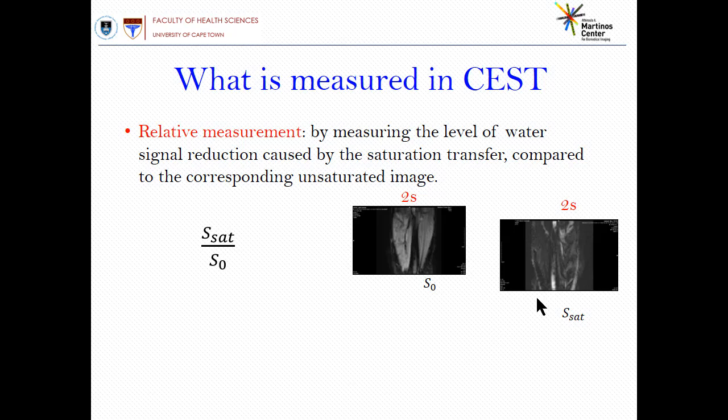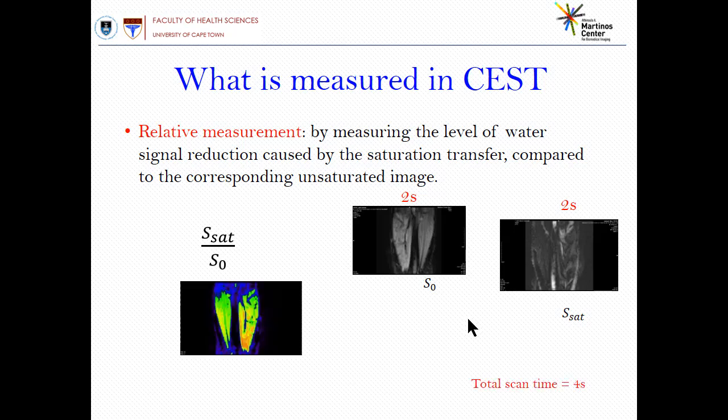And we can compare these two images and we will get the indirect measurement of these molecules that we want to detect. So ideally, we need two measurements, one without saturation and one after applying the RF pulse. So it will take a total of 4 seconds. But things are not that easy.